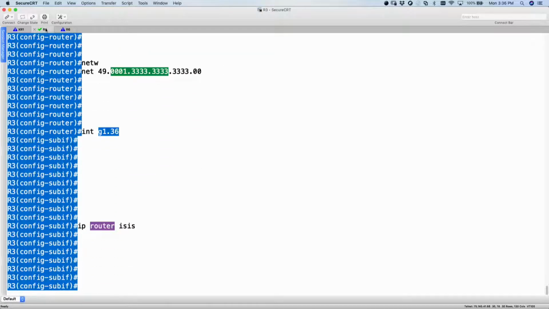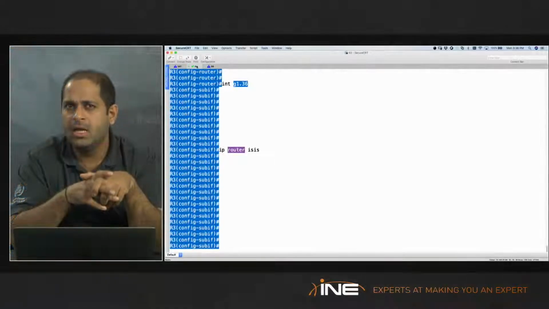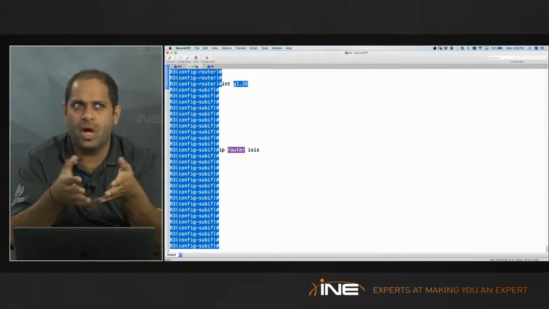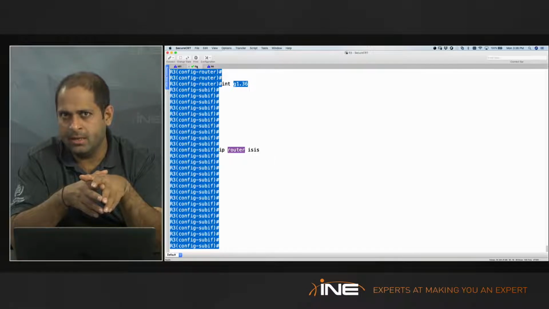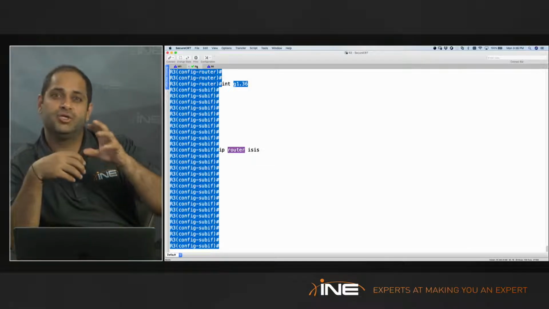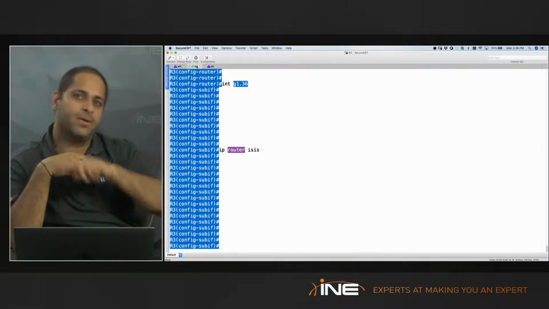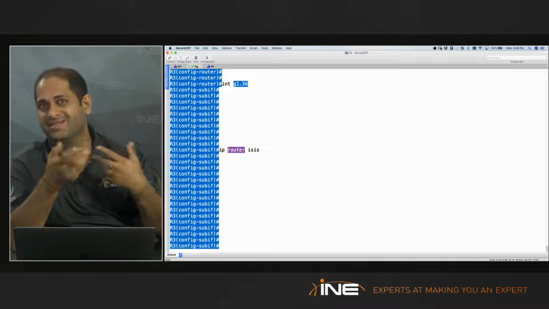I haven't changed my router to be just a level 1 or just a level 2. The whole concept of single level routing is that every router is in the same area. So it's not based on the database as such, whether you have just level 1 database or level 2 database. It basically means that every router is in the same area, which is called single level routing.